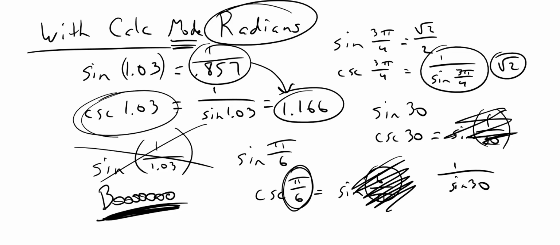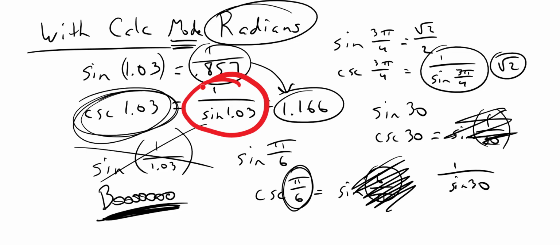So going back to this original problem, cosecant of 1.03 is 1 divided by sine of 1.03, which then is 1.166. Okay? All right, so let's do a couple more here. Let's do cosine of 3.92. Just type it right in your calculator, guys, and you get negative 0.712.